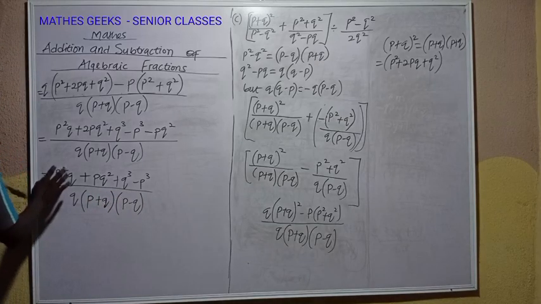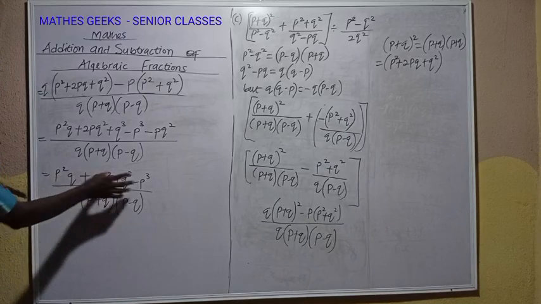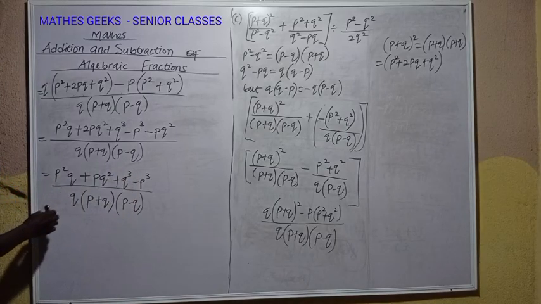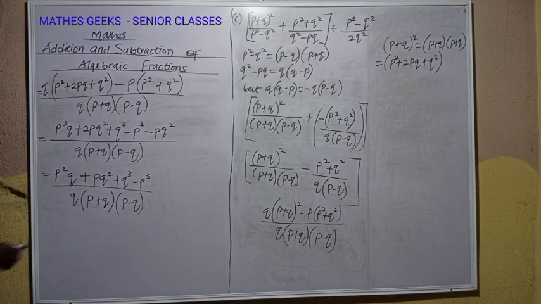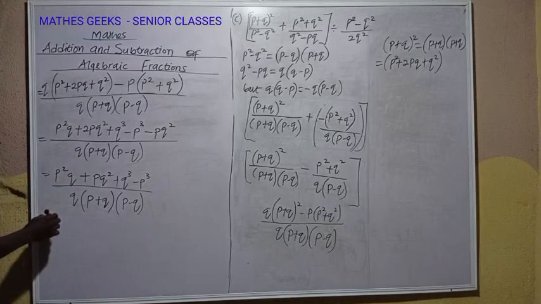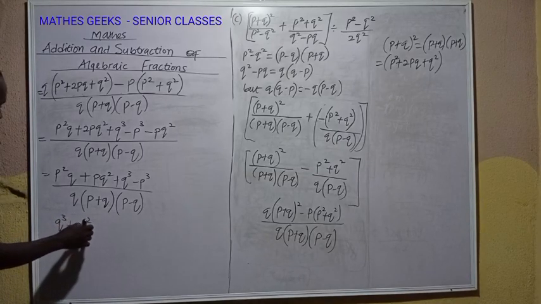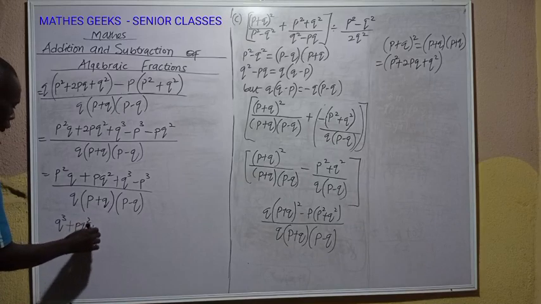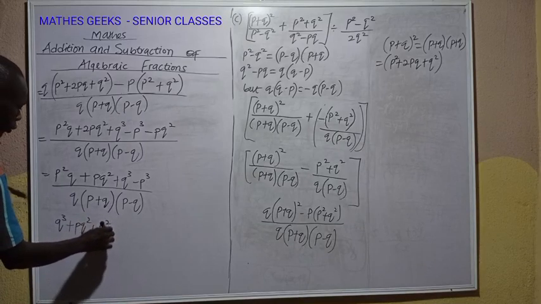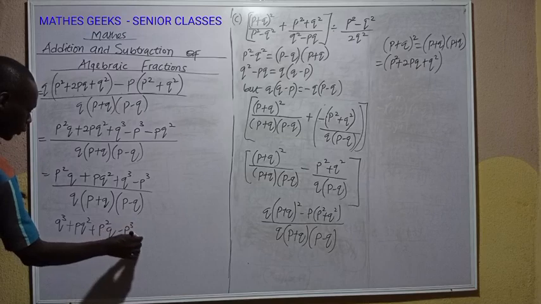So this is q cubed plus pq squared plus p squared q minus p cubed.